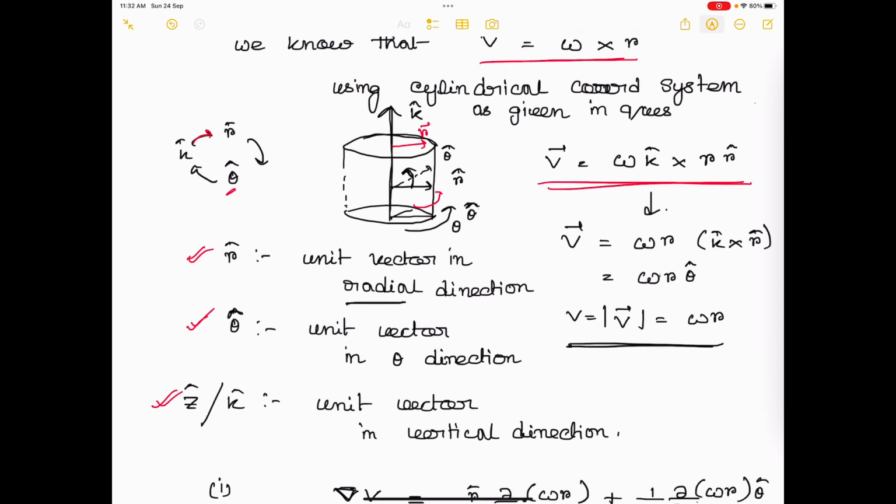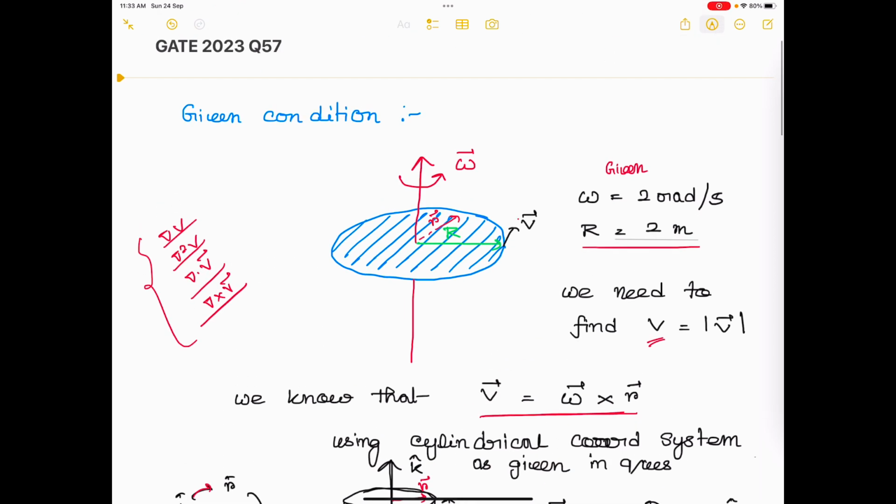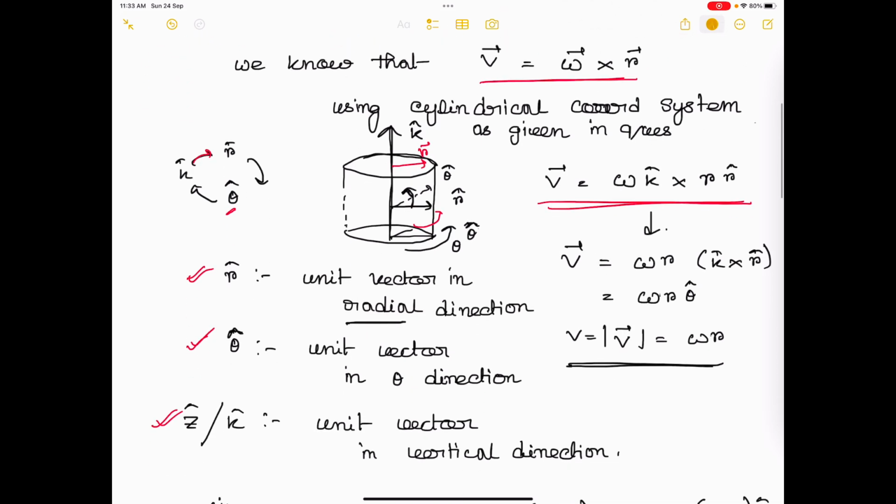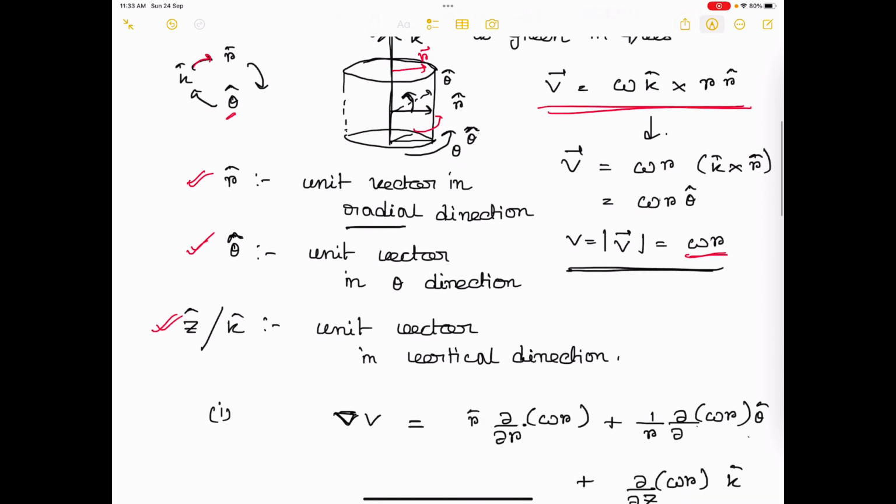So this velocity is in the theta cap direction, moving like this. So the velocities are like this. This is clear now. So this magnitude becomes omega into r, some arbitrary r.